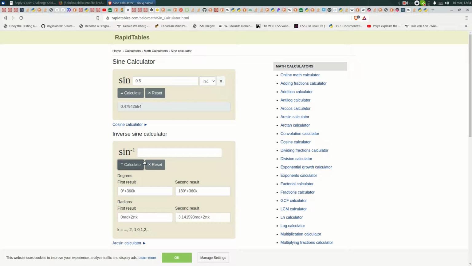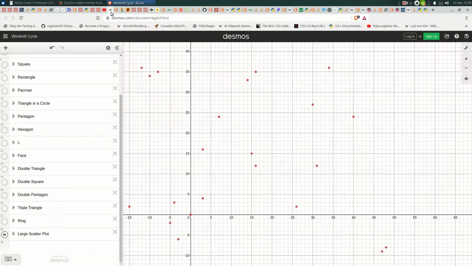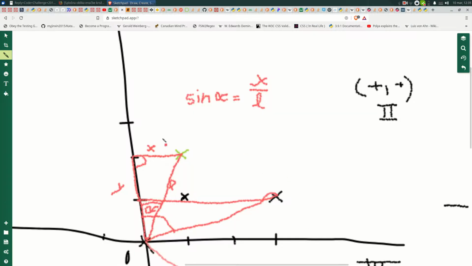So in this thing, x is 1 and we divide it by how much is L, so this is 1 plus 4, 5, so this is 5.